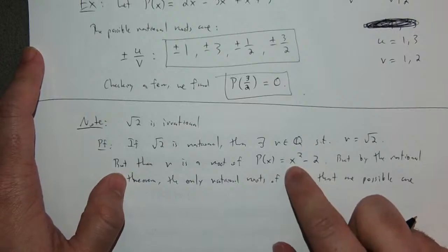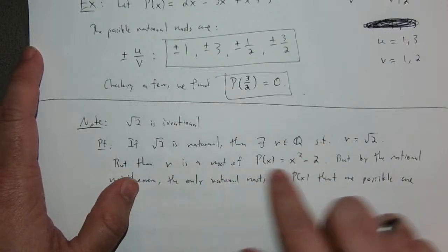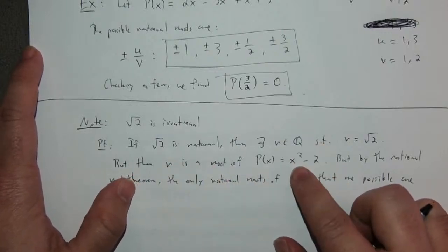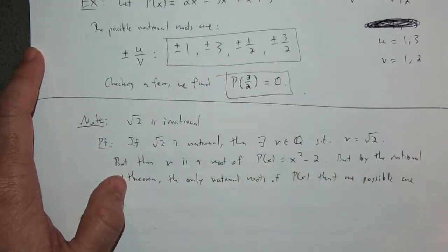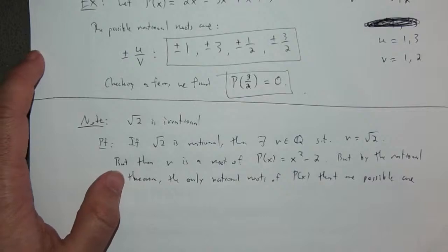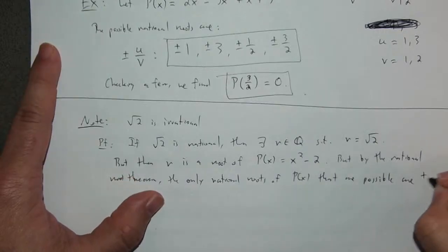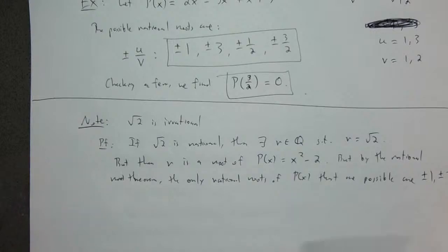So with leading coefficient 1, if I'm thinking of r as u over v, v is only allowed to be 1, so every denominator is 1, right? And so the only possibilities are the divisors of 2 or minus 2, so plus minus 1 and plus minus 2. All right, these are the only rational roots that are possible.